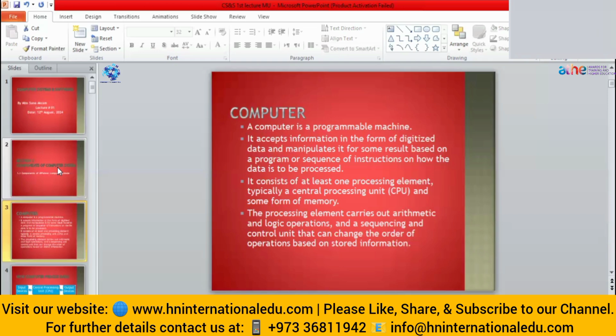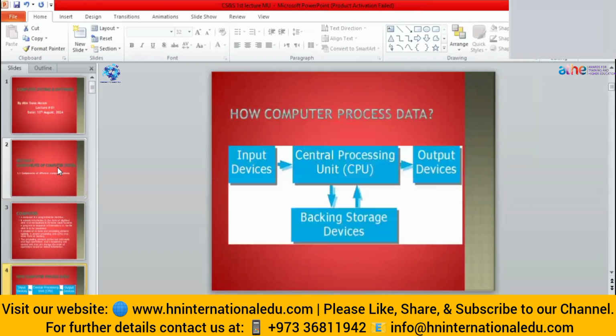But the flaw was that we were unable to store the results. When we were unable to store the results, we could not retrieve that data in the future. So storage is also a basic function of a computer.